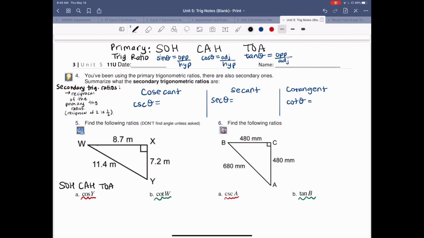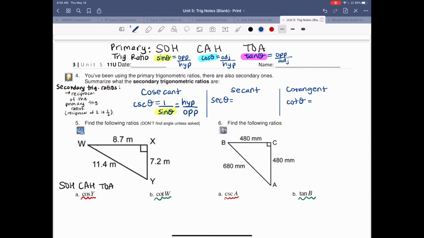And so what we have is that for cosecant, and the short form for that is csc theta, you're going to take the reciprocal, not the inverse, the reciprocal of sine theta. And so instead of me having opposite divided by hypotenuse, I'm going to have hypotenuse divided by opposite.